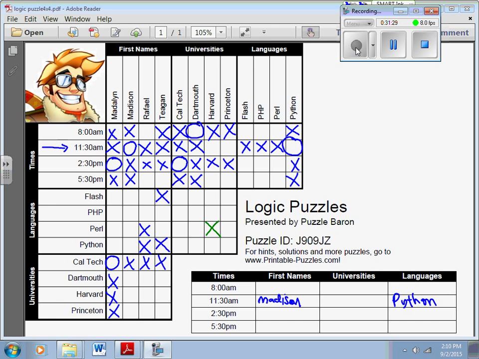Do you see that you already know something else that I haven't filled in? Who can see it? Tegan only has one option left, 5:30. That means nobody else arrived at 5:30, and now you know something else.